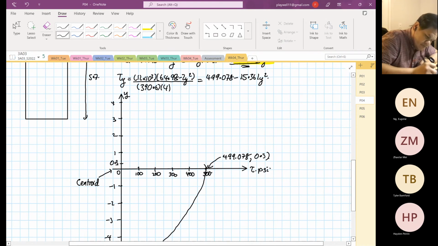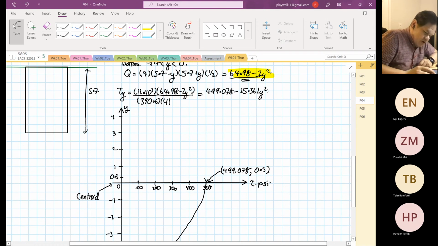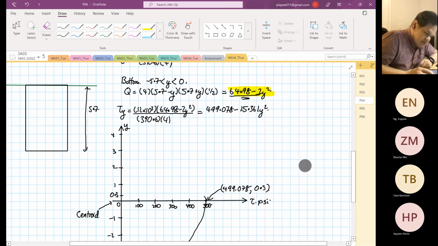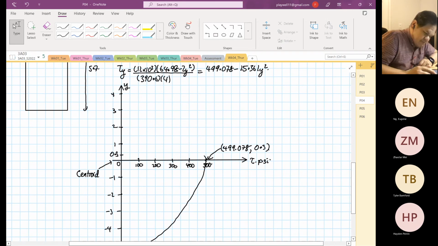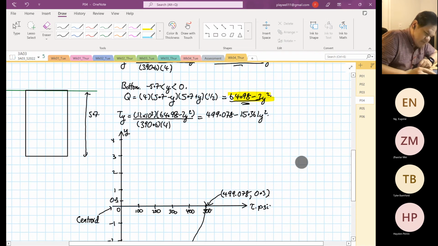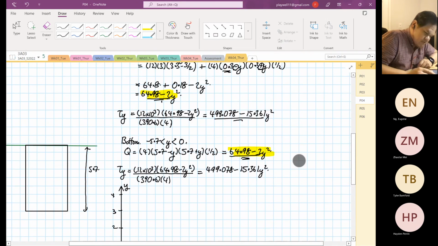This is 0.3. And then we know that there will be a step, and where the step stops, that's where you have to calculate.